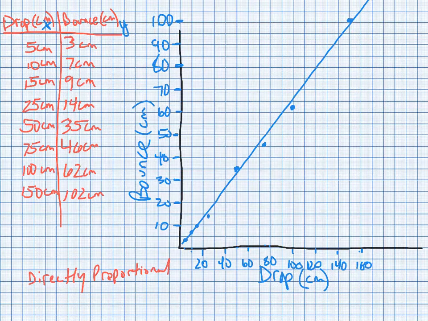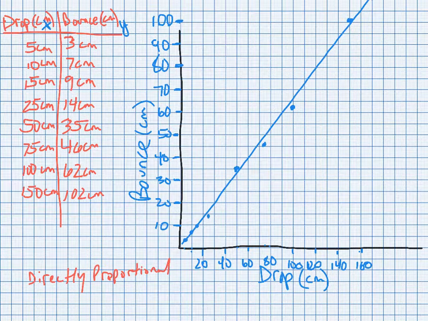All right, well, last thing. 2 questions. One is going to be this. I want to know if we had dropped the golf ball from 40 centimeters, where would you expect the bounce to be?